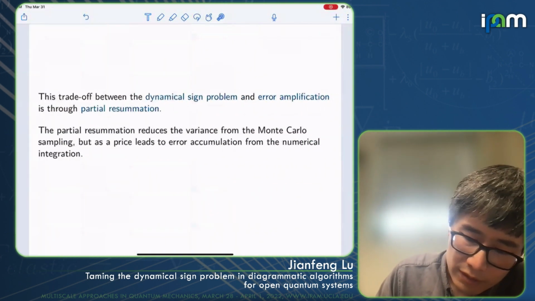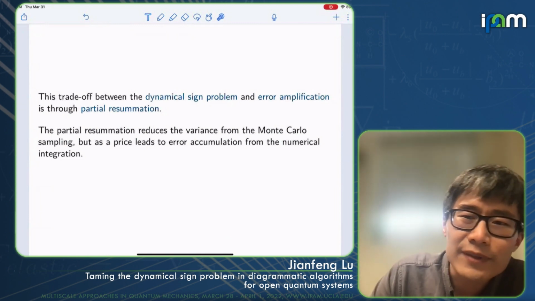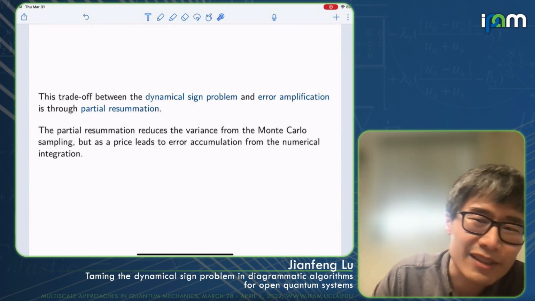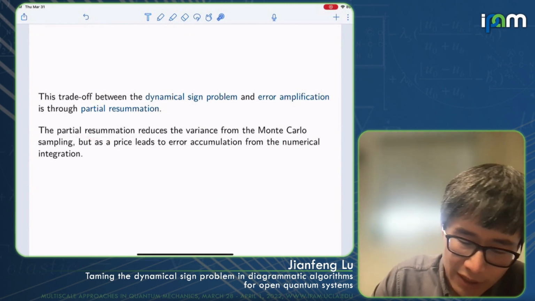If you understand this, then for the rest of the talk you can essentially understand the message: in a certain sense, this partial resummation reduces the variance from the Monte Carlo sampling.